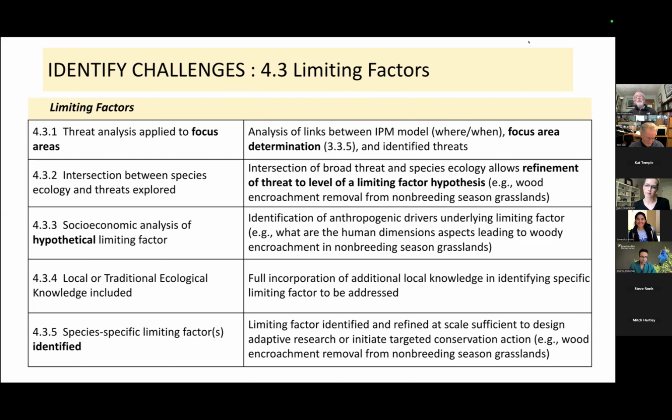So there are groups working on, knowing that it's really hard and expensive to get targeted demographic data on a species by species basis, how can we tap into some of these broader programs that are getting a lot of data on multiple species and be able to use that information in the modeling necessary for these tipping point species?